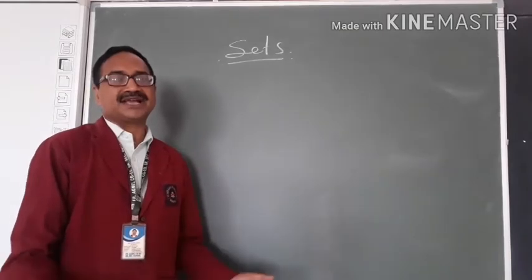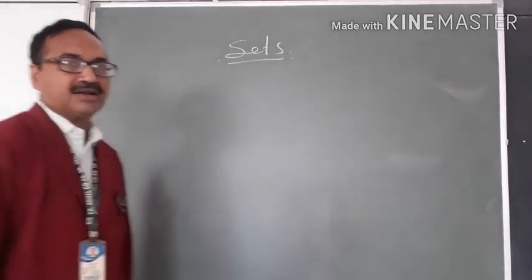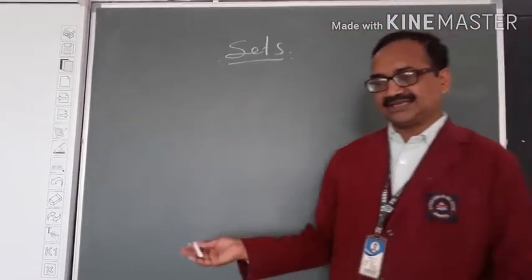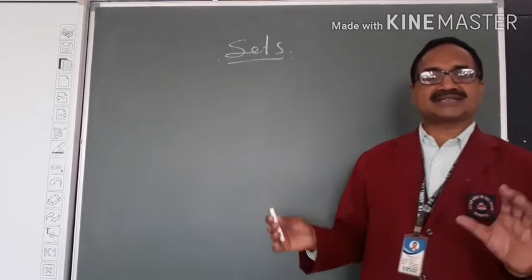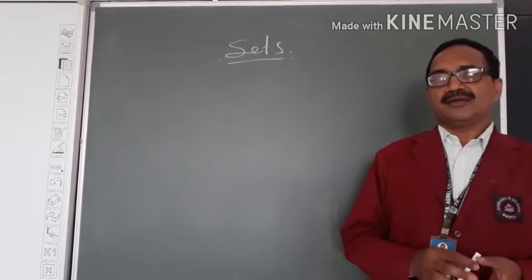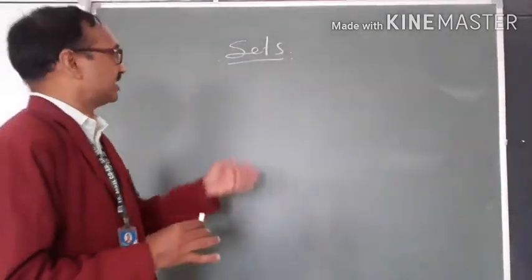Set means collection. In our daily life we use a set of pens, a set of books, a set of mugs, so these mean collections. If we collect some same types of elements, that means this is a set.